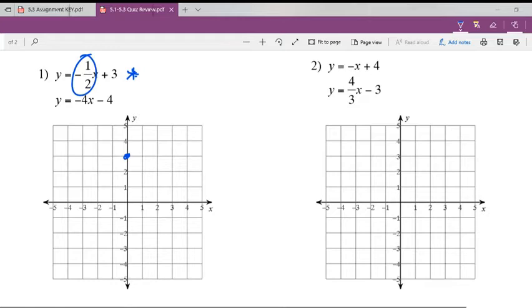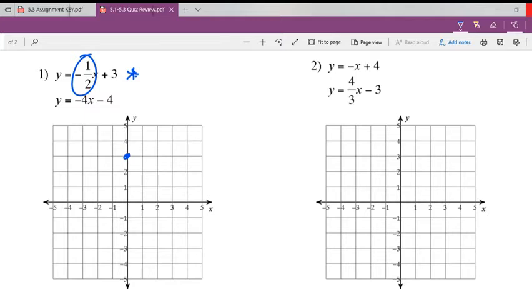Okay, so you're gonna put a dot at 3. Then this -1/2 is our slope. Someone other than Annalise, who can remind us how you count out a slope? How would you count out a slope of -1/2? Yeah, rise over run. Should I count up or count down?